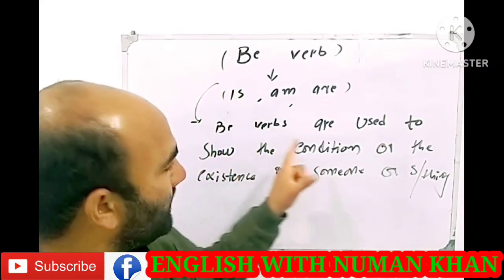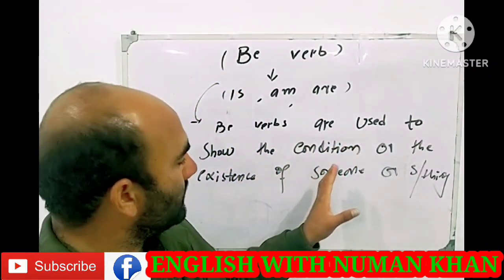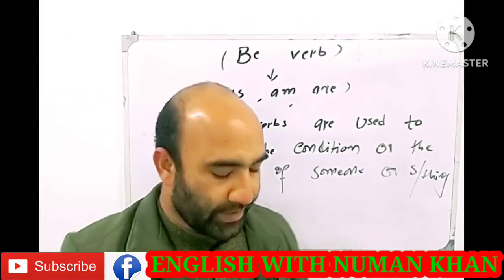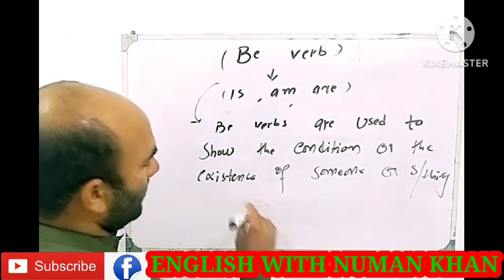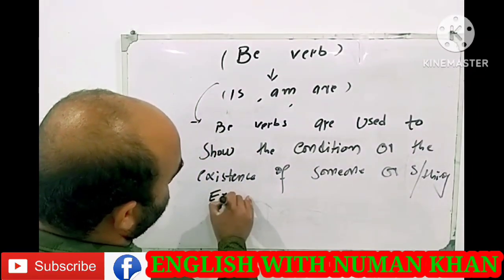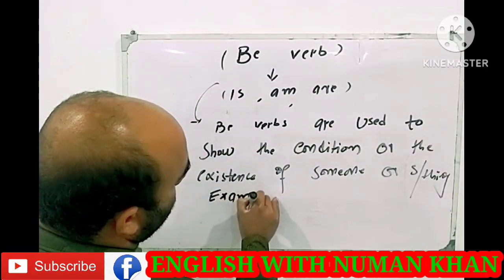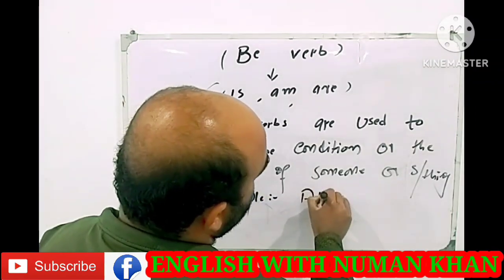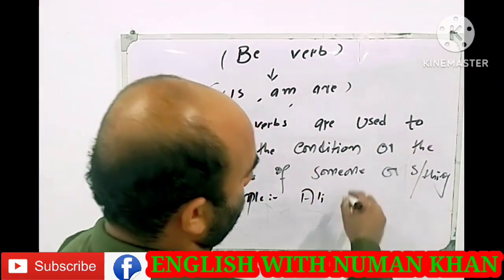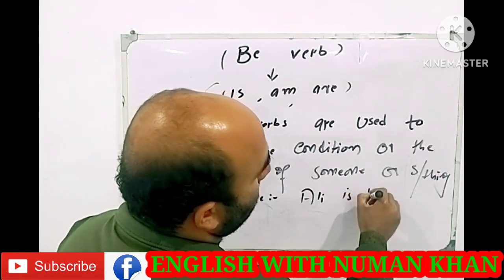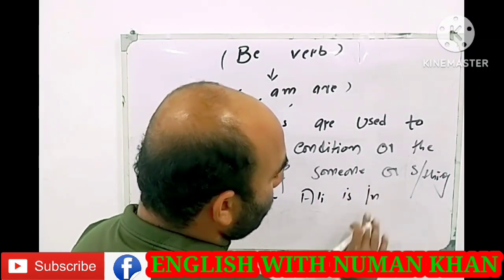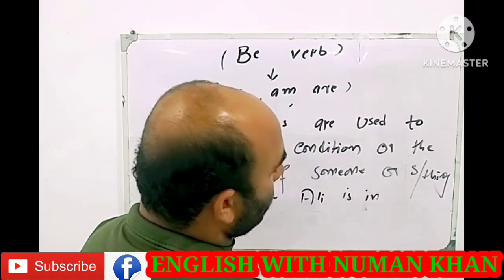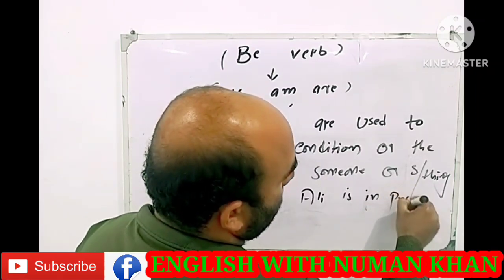Look here, be verbs are used to show the condition or the existence of someone or something. For example, if I say, Ali is in Peshawar.